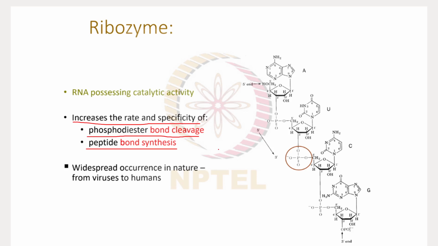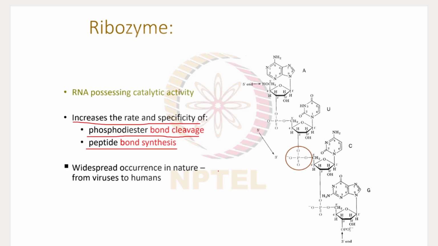Then the chain continues, and that leads to the primary structure of protein. But in case of phosphodiester bond cleavage, if any process where this RNA needs to be broken down, that's when we can use this ribozyme, which will help us break the phosphodiester bond.